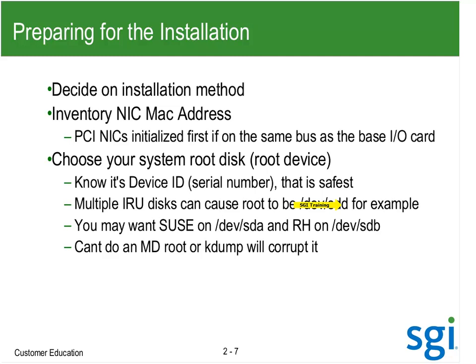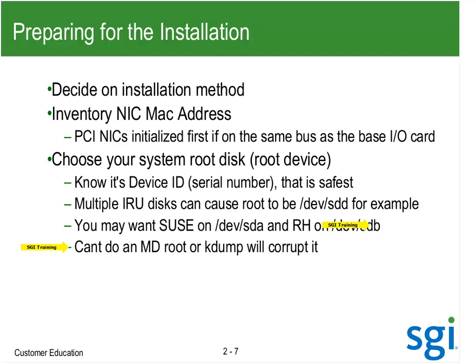There's no guarantee on the numbering scheme of these disks when they come up. For that reason, we usually install by label or by ID. You may want SUSE on sda and maybe Red Hat on sdb, but don't trust the A's and B's. Watch your serial number of the device.